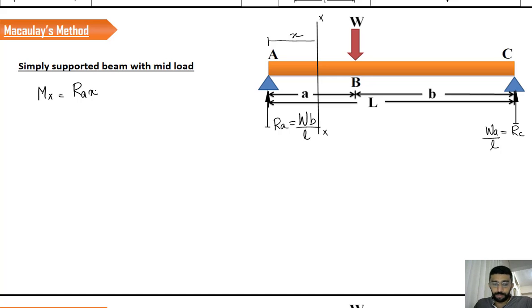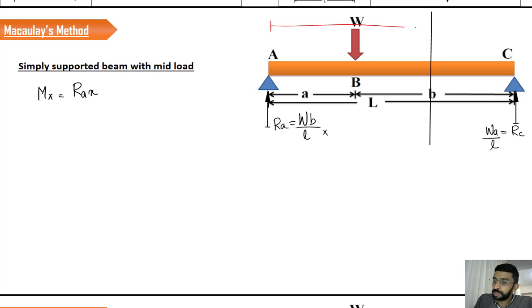Right, now comes the confusing part. Now I am going to change the section from AB to somewhere in between BC. It can be anywhere. It can be very near to B, just after B, or very close to C, just before C. If I define the distance from A to this section plane as x, this is section XX.